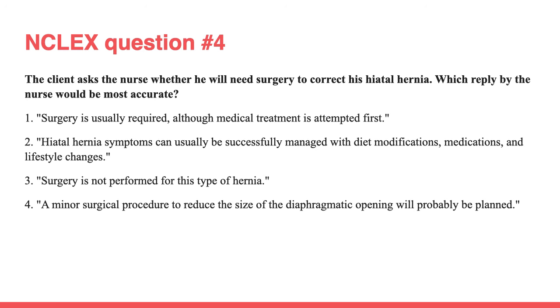Number 3, surgery is not performed for this type of hernia. And number 4, a minor surgical procedure to reduce the size of the diaphragmatic opening will probably be planned. So think about those, and I'll give you a second to get your answer ready.